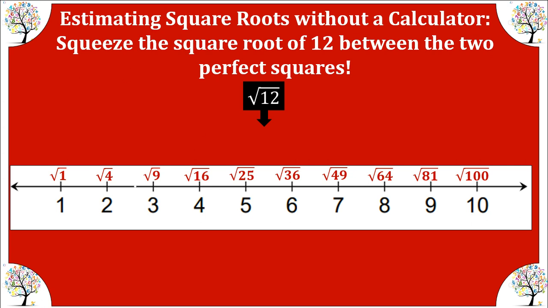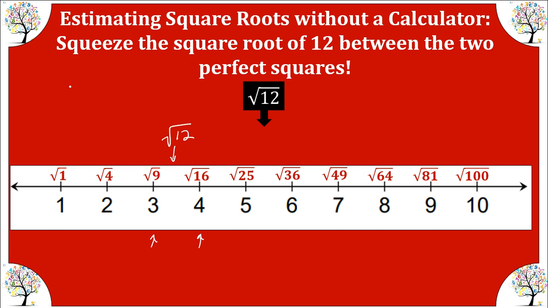The first thing that we need to do is take a look at the square root of 12 and decide between what two perfect squares the square root of 12 lies. The square root of 12 is going to come between the square root of 9 and the square root of 16. So somewhere between the whole number 3 and the whole number 4 is the square root of 12.